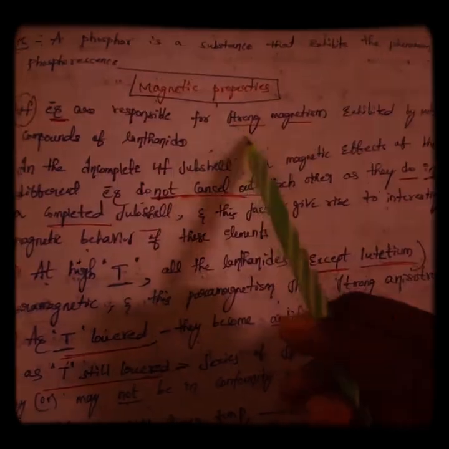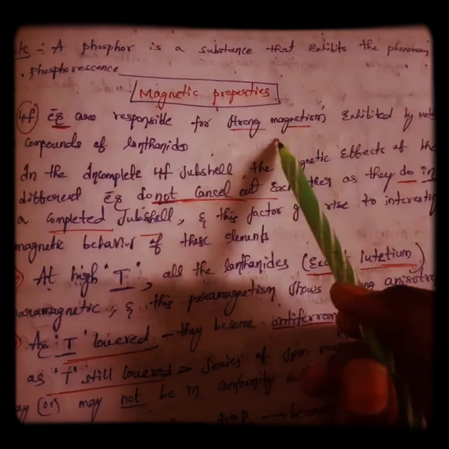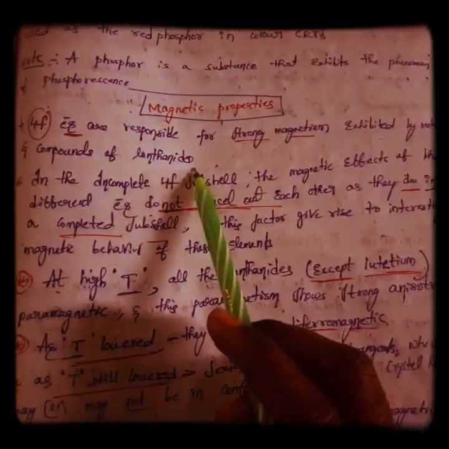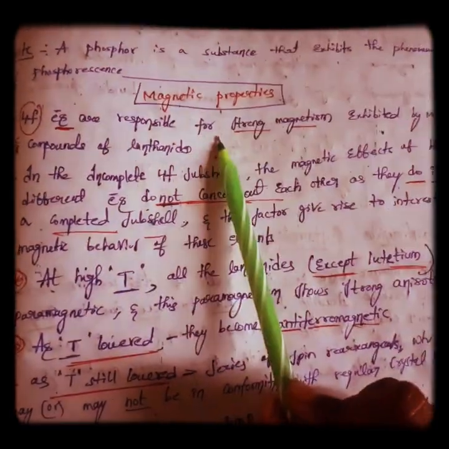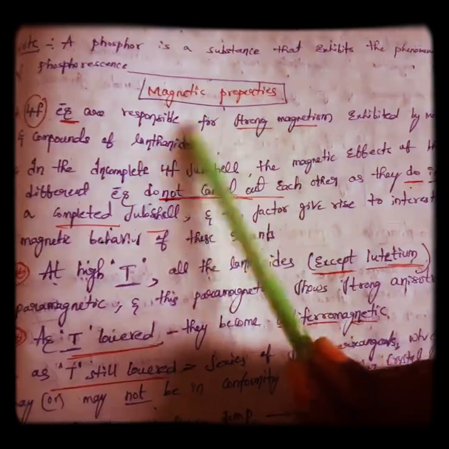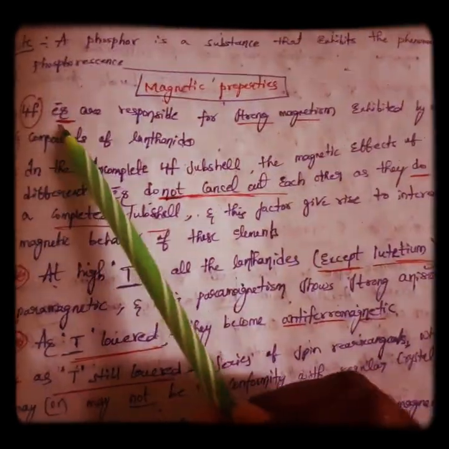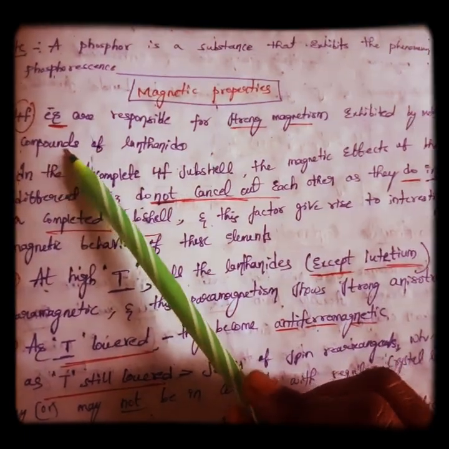Metals and compounds of lanthanoids exhibit strong magnetism, and this strong magnetism is due to the electrons present in the 4f orbital. I hope you understood.